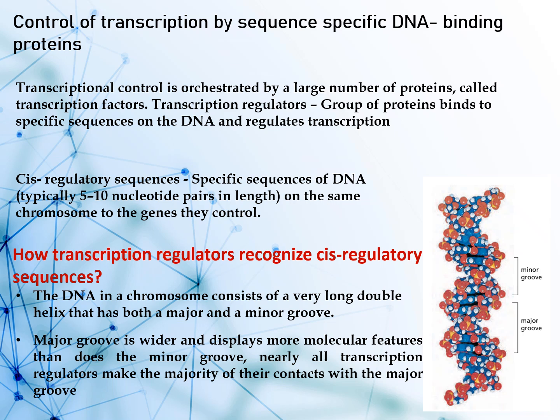Transcription of each gene is in turn controlled by its own collection of cis-regulatory sequences. These typically lie near the gene, often in the intergenic region directly upstream from the transcription start point of the gene. Although a few genes are controlled by a single cis-regulatory sequence that is recognized by a single transcription regulator, the majority have complex arrangements of cis-regulatory sequences, each of which is recognized by a different transcription regulator.